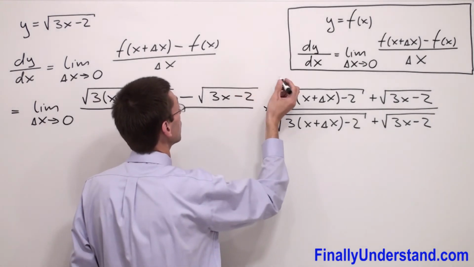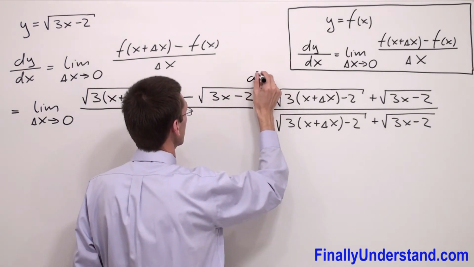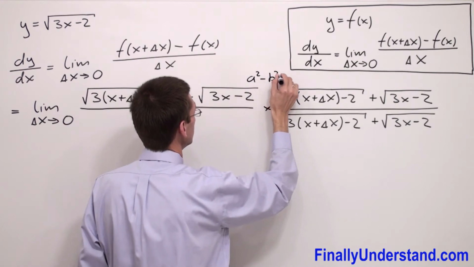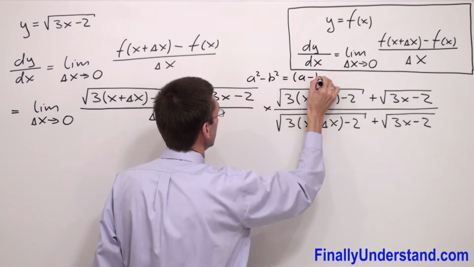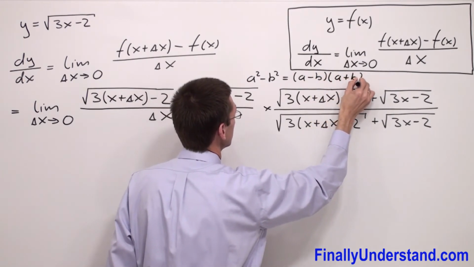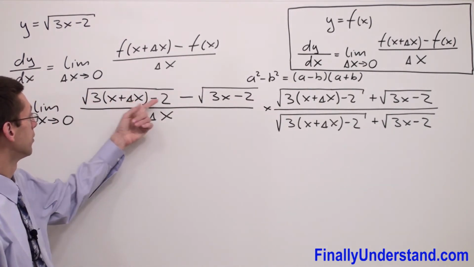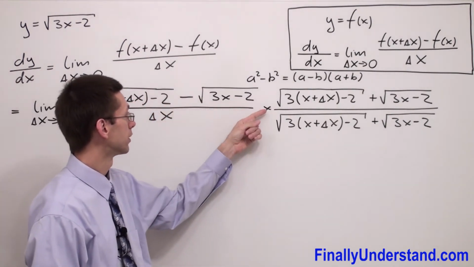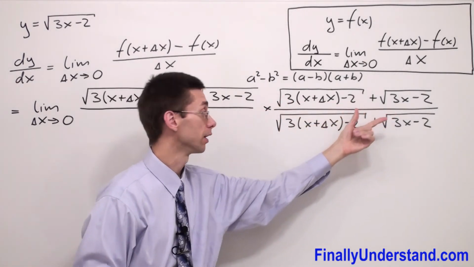Let me remind you that I'm talking about the formula a squared minus b squared is equal to a minus b times a plus b, right? So this is my a minus b times a plus b.